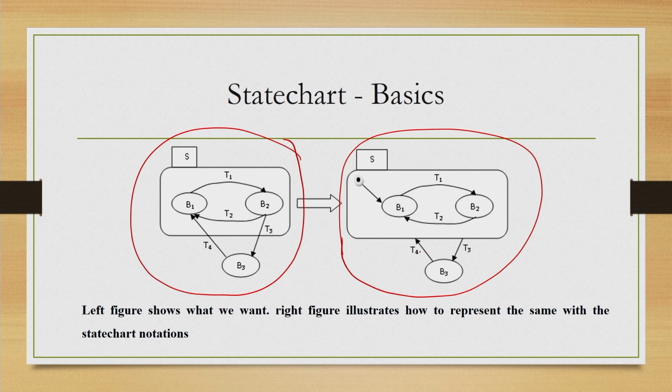Here from B3 the arcs are extended up to the boundary of the superstate, the arcs T3 and T4. Inside the superstate we have mentioned this default mechanism, that is whenever the superstate is entered, B1 should get active. So, it is essentially same as telling that from B3 if we enter this superstate we will go to B1. So, in this way we can indicate how to specify the entry and exit to a superstate.